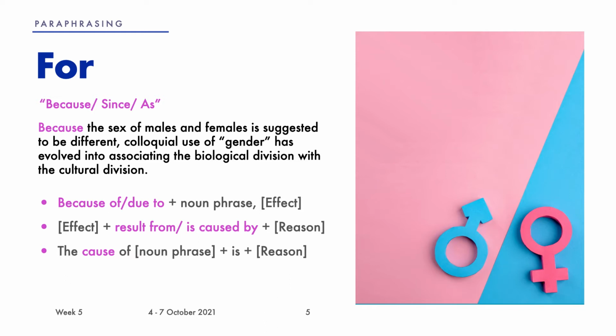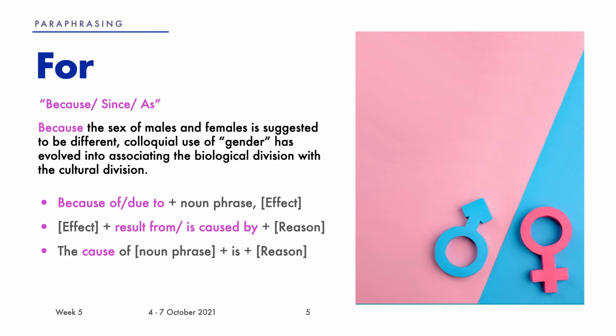That means you have to either nominalize the sentences, or link two ideas in noun forms with the verb result from or is caused by. The other extreme would be to turn the conjunction into a noun.